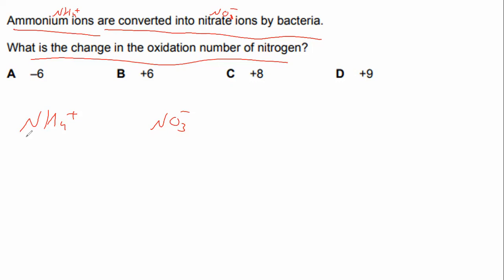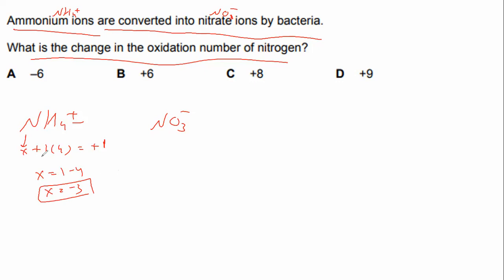Here it is X. Hydrogen is always +1. We have 4 of it equal to the sign, +1. So X equal to 1 - 4, X equal to -3. So the oxidation number of nitrogen is -3.